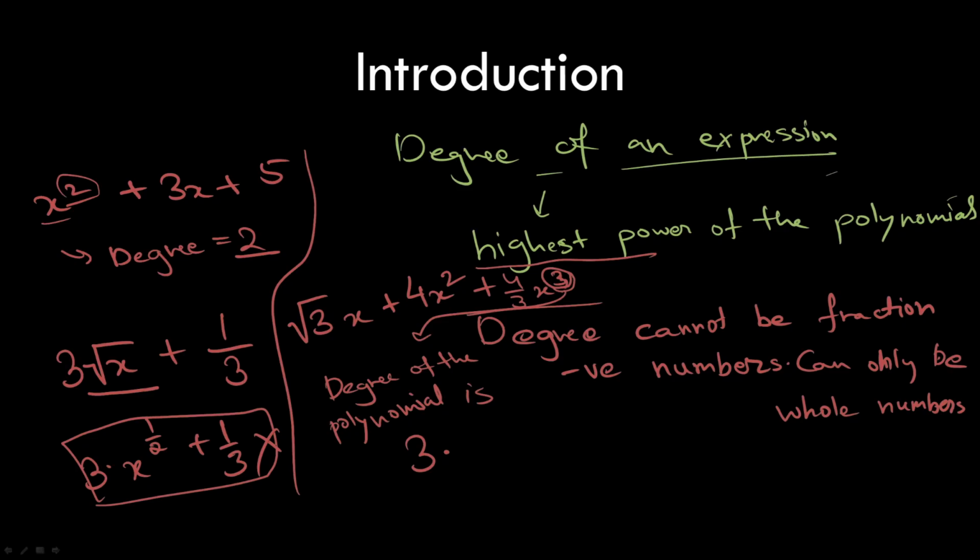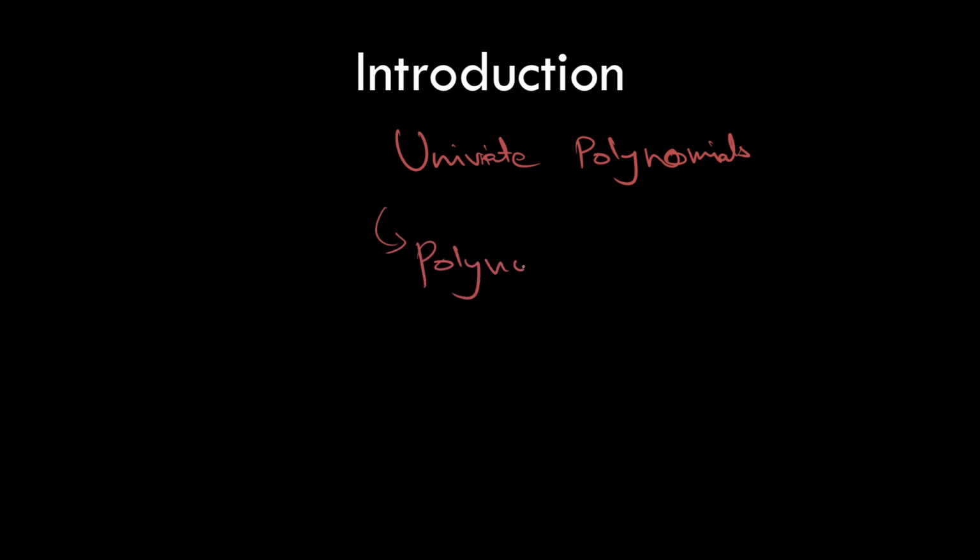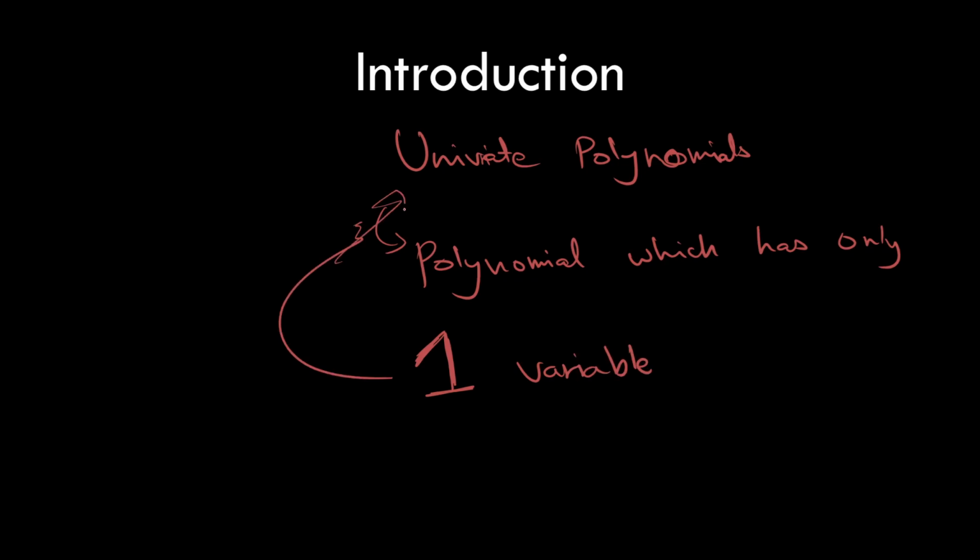Now there is also a new term known as univariate polynomials. Basically, it means any polynomial which has only one variable. These are known as univariate polynomials.